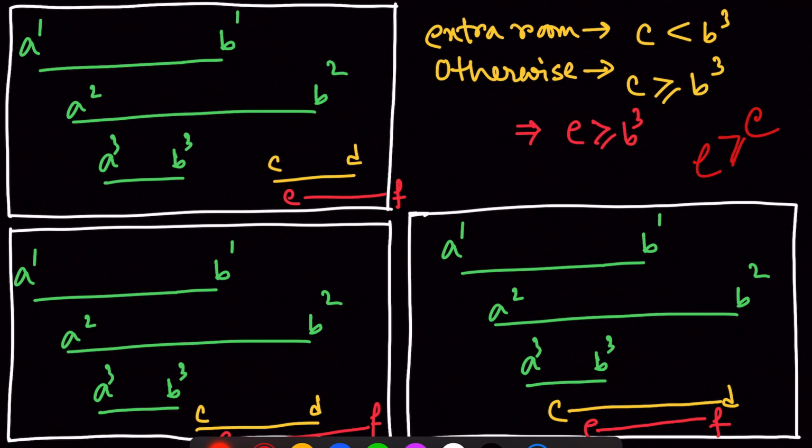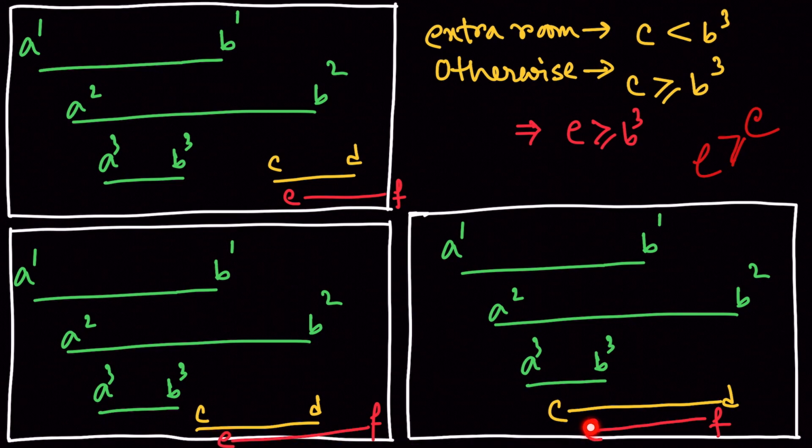So when we need an extra room, in this last case, in this scenario, when CD is starting before A3, B3 ends, or C is less than B3 and B3 is the minimum end, then we need one extra room.